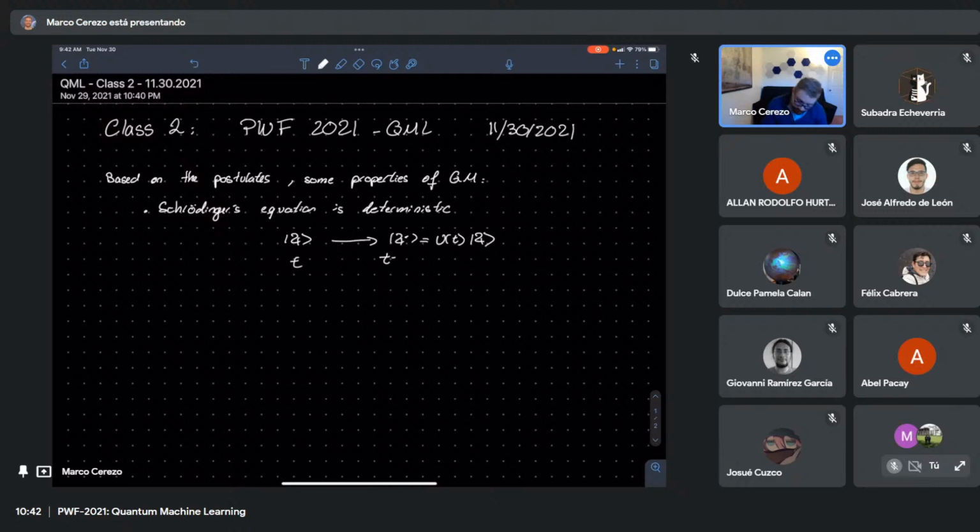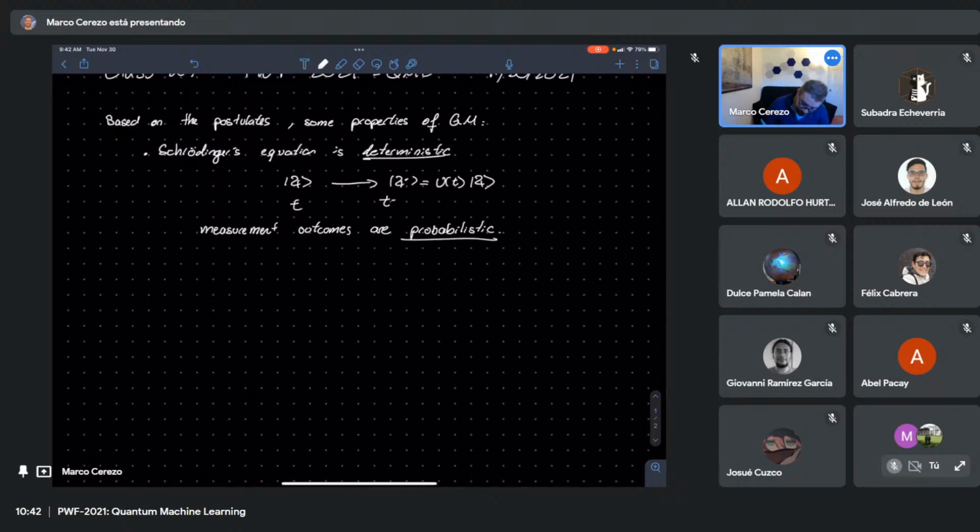But of course, measurement outcomes are probabilistic. And this dichotomy between the probabilistic and the deterministic nature of quantum mechanics is going to play a key role in just a second.